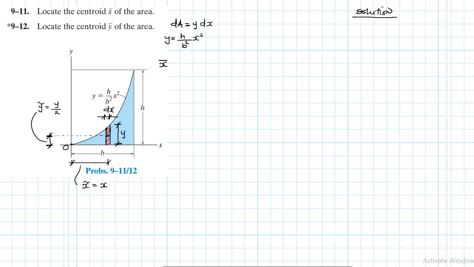Then we know that x bar is equal to the integral, and since we are integrating with respect to dx, the limits along the x-axis are from 0 to b, of x curled, which is the centroidal location of the small strip in the x direction, times dA, divided by the integral from 0 to b of dA.